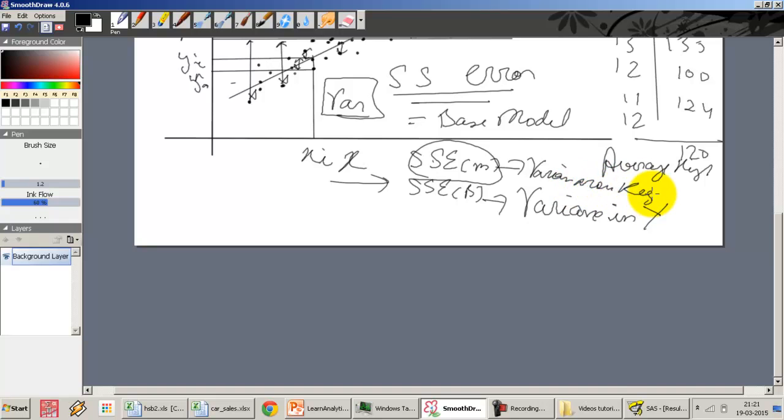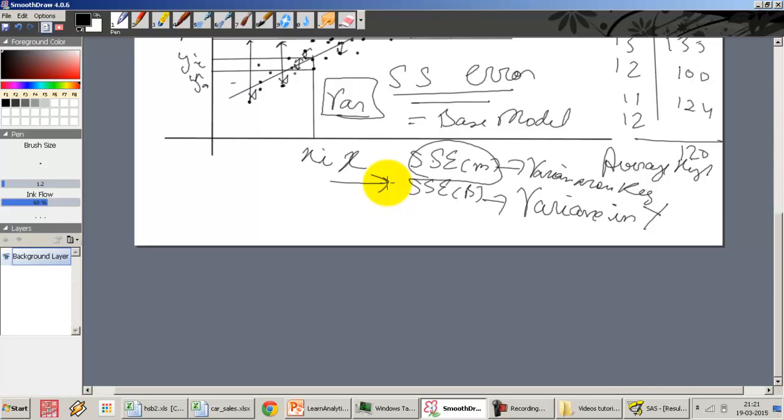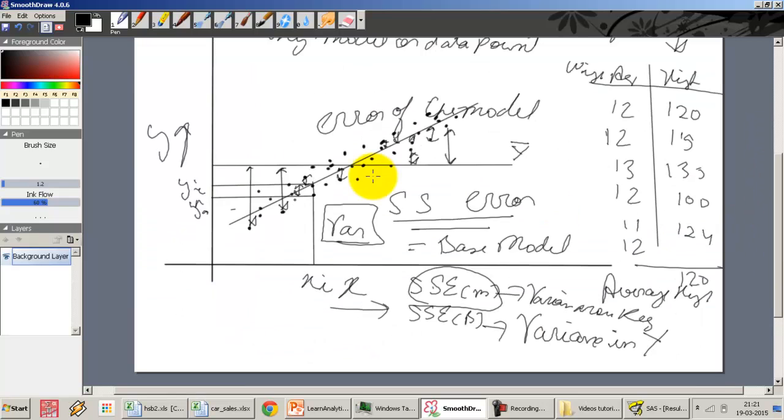So now if you look at the explanation for R square, it says percentage variance of the dependent variable explained by the independent variables. So let's have a look at this again. When I'm calculating the average error around y bar, that is nothing but the variance of the variable y. And if I'm calculating the error around the regression line, that's the variation around the regression line itself.